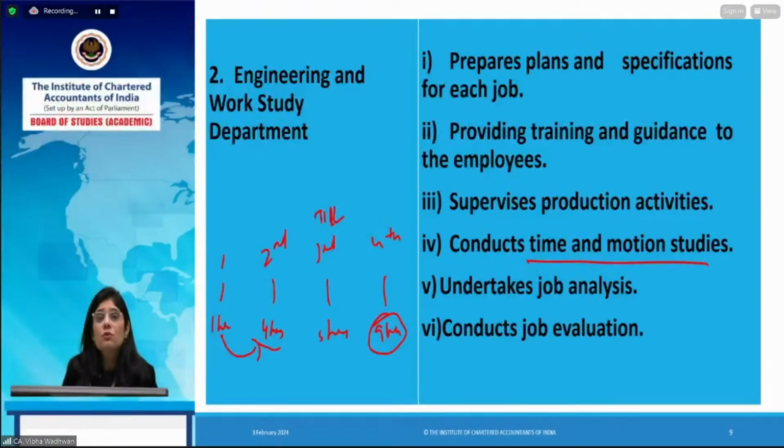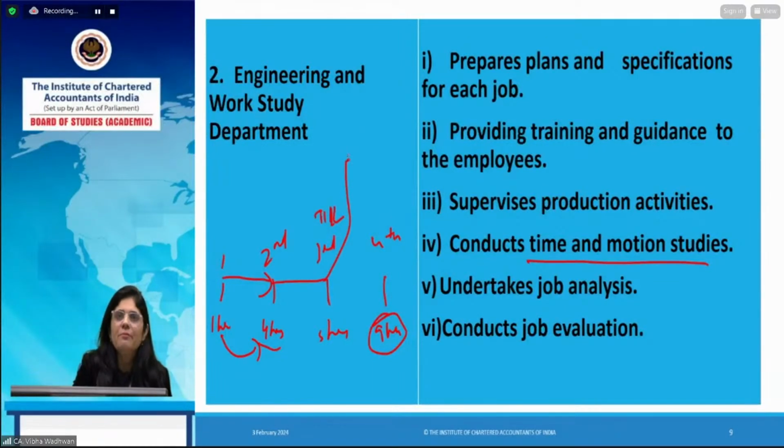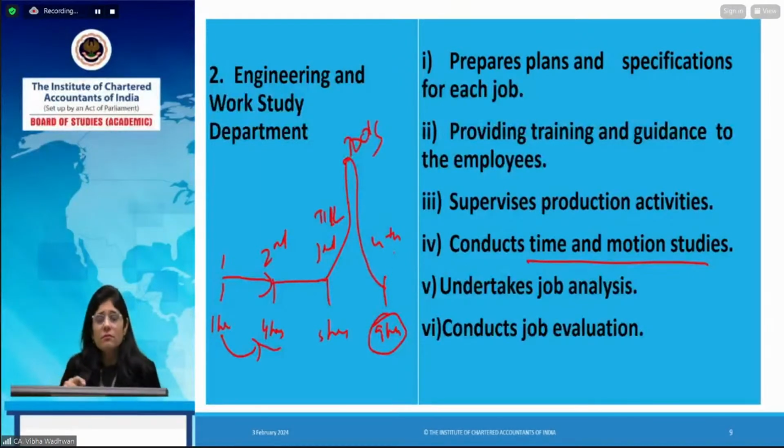So it will scrutinize the movement of every employee. The employee goes from one activity to second activity, then to third activity. Then he goes to pick up the tools from the storeroom, and then he comes back to fourth activity. So the motion study involves tracking the movement of the employee and the machine also.